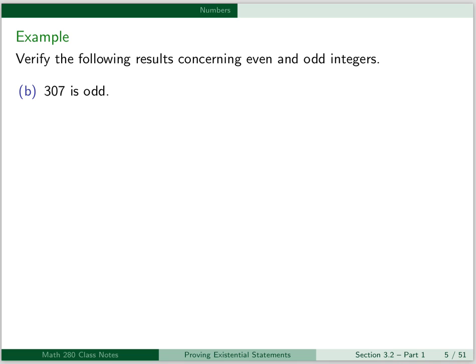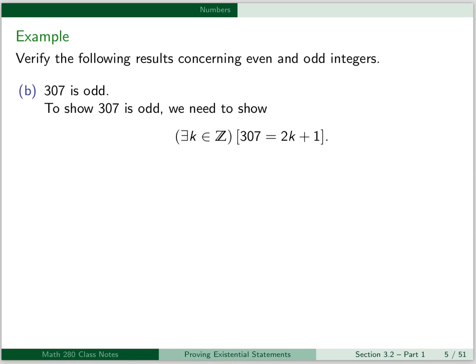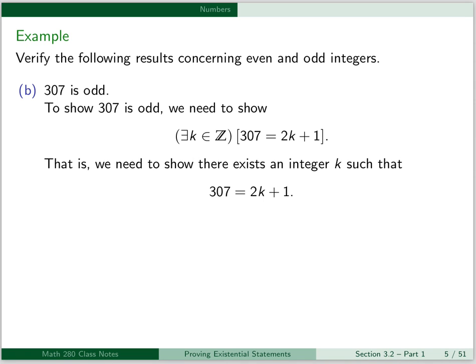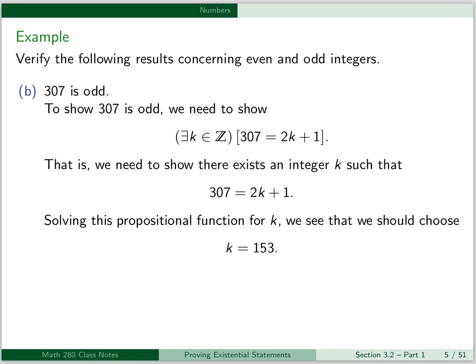Next, let's look at showing 307 is odd. According to the definition, to show 307 is odd, we need to show there exists a k in Z such that 307 is equal to 2k plus 1. So to prove this is true, again we need to find an example.